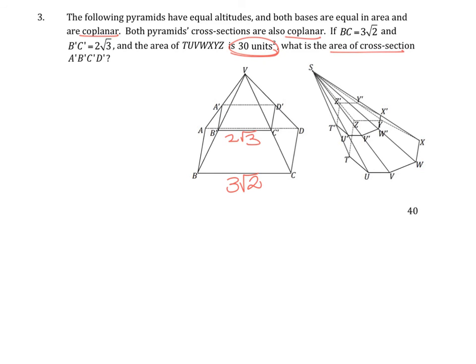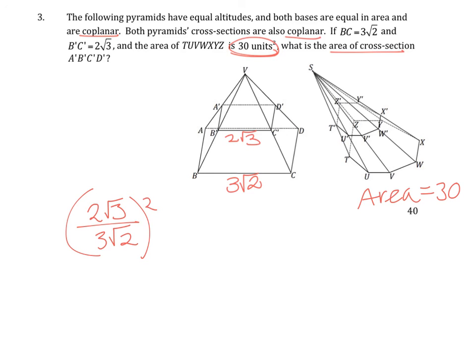Okay, so the area of TUVWXYZ is equal to 30 square units. We're going to designate the scale factor as 2 radical 3 divided by 3 radical 2.